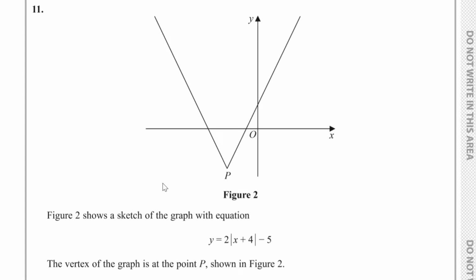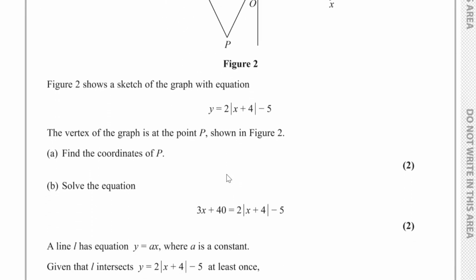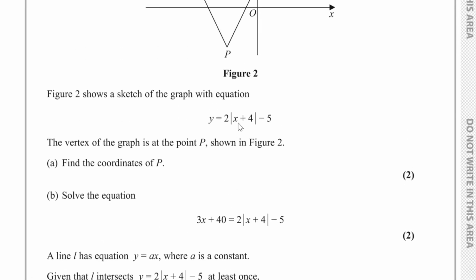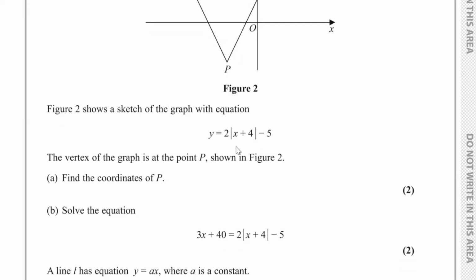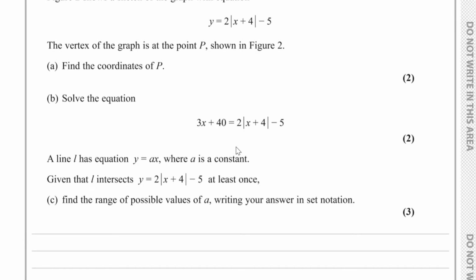Question number 11. We have figure 2 over here, which shows a sketch of the graph with equation y equals 2 lots of the mod of x plus 4 minus 5. We've got the vertex P over here, which is shown in figure 2. We have to find the coordinates of P. Well, we can treat this as some sort of a minimum point. We can liken this to a typical quadratic graph.